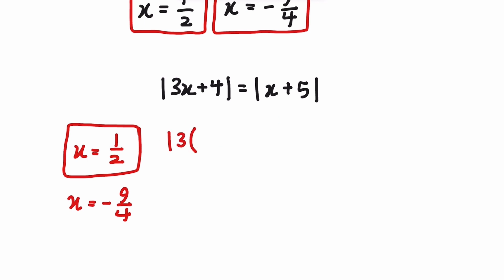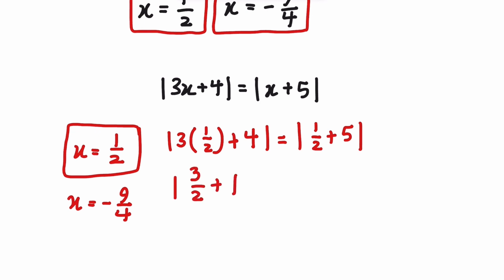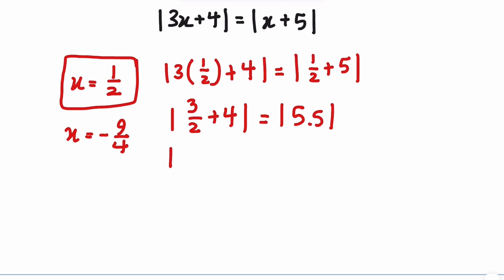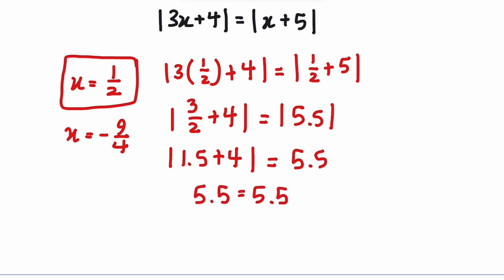So modulus of 3 times half plus 4 equals modulus of half plus 5. So 3 multiplied by half will equal 3/2 plus 4 equals modulus 5.5, and 3/2 is basically 1.5 plus 4 equals 5.5, which is 5.5 equals 5.5.